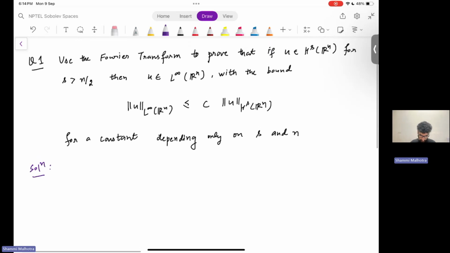Essentially, as we have seen for a compact embedding, we have this sort of inequality, but we can prove it with the help of the Fourier transformation. If I take s to be greater than n by 2, my function is smooth enough.